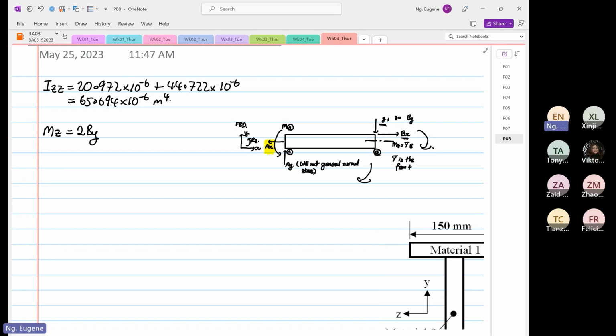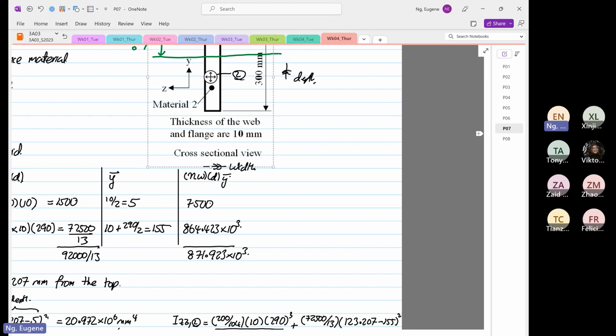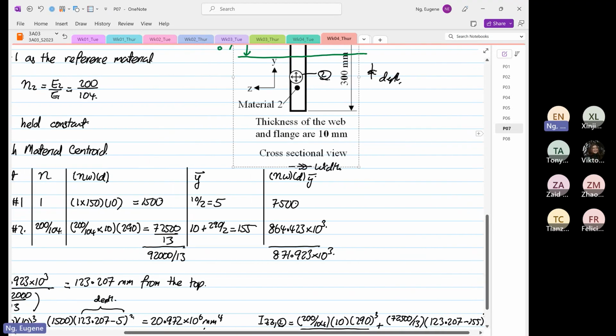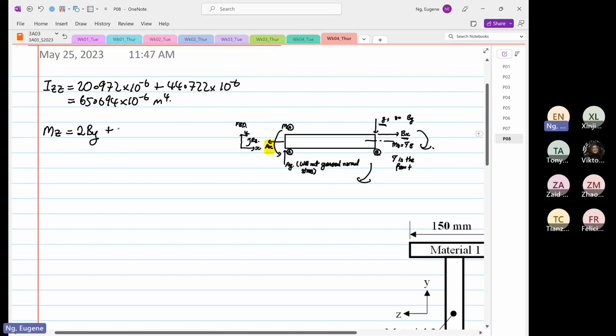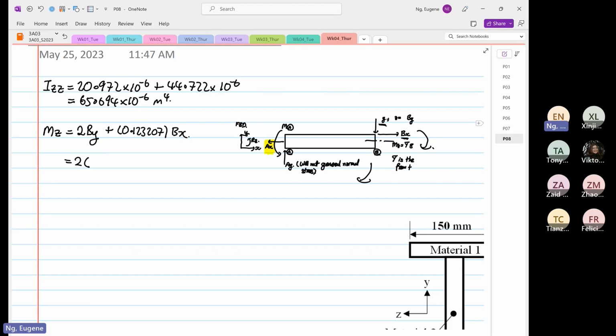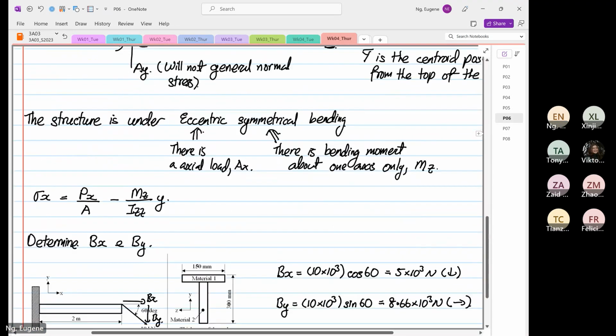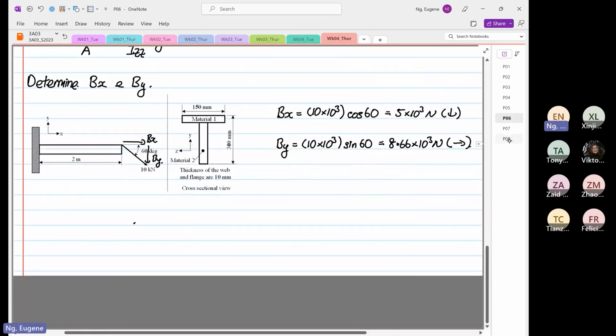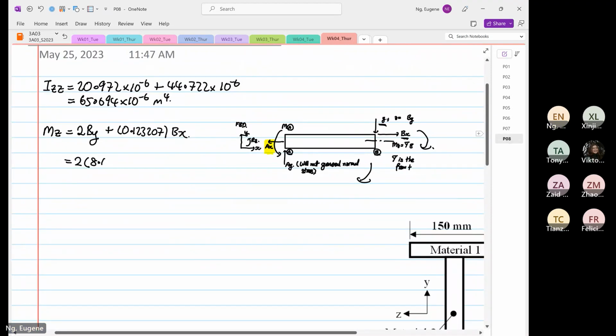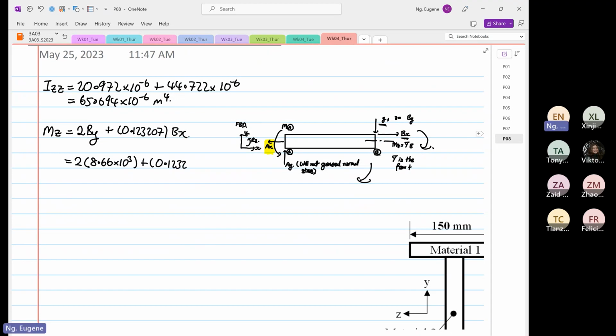So 2By, right, plus, because it's the same direction, the centroid position is equal to 0.123207 multiplied by Bx. Okay. So this will be equal to twice By, which we determined is equal to 8.66 times 10 to the power 3, plus 0.123207 multiplied by 5 times 10 to the power 3.